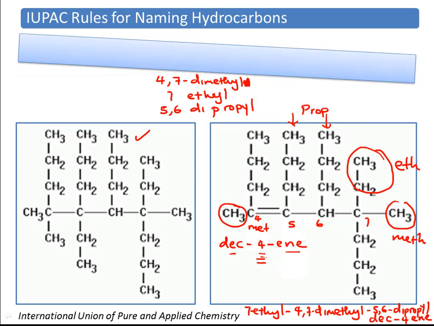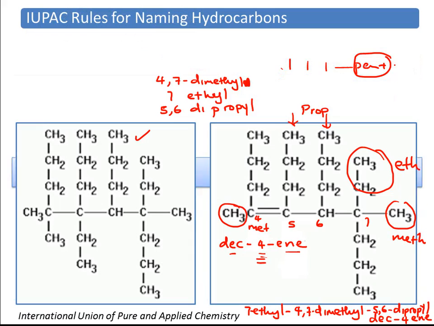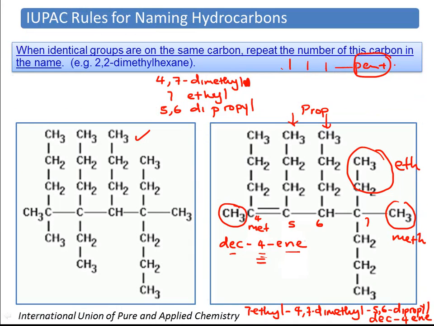So let's just go on, follow the rules and see where they take us. When 2 or more branches are identical, we use prefixes di, tri, tetra: di for 2, tri for 3, tetra for 4, and then from there we start from penta onwards. Penta, hexa, hepta. But really, like I said in the other video, once you start to get to penta and hepta in terms of your side chains, there must be something wrong with your numbering, because it's really rare at this level.